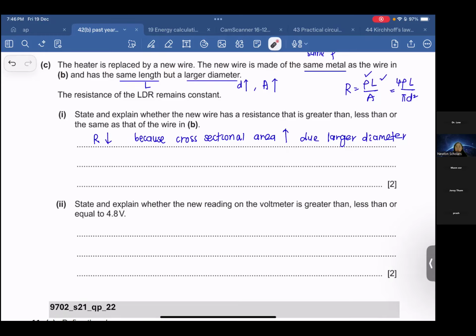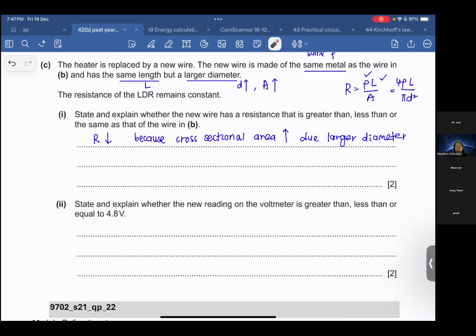Wesley, your new reading on the voltmeter is correct, but the reason is not correct. The reason is not related to amplitude. Vashini says when resistance decreases, voltage decreases.